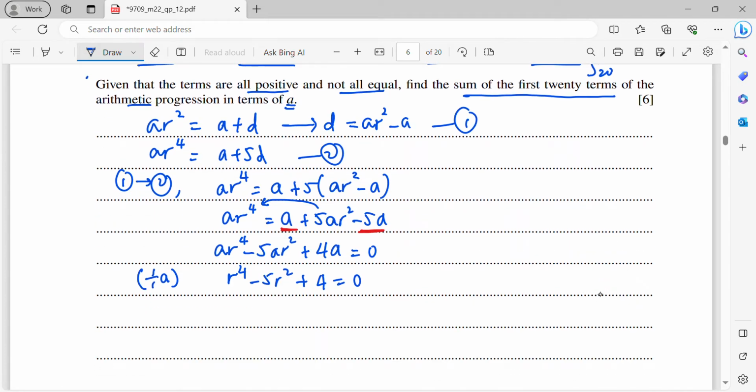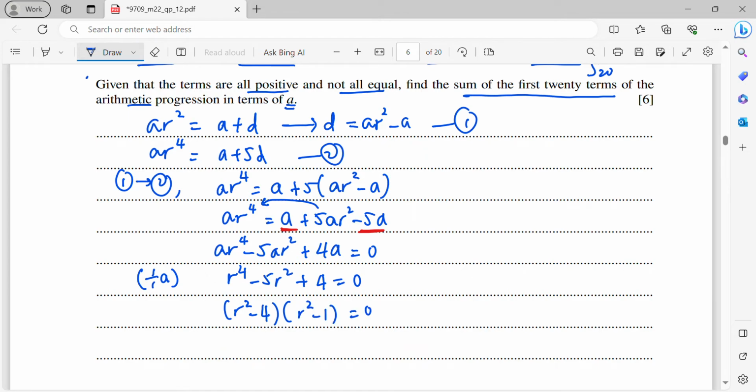So this equation in terms of R squared can be factorized into two linear factors. The first factor is R squared minus 4, and the second factor is R squared minus 1.